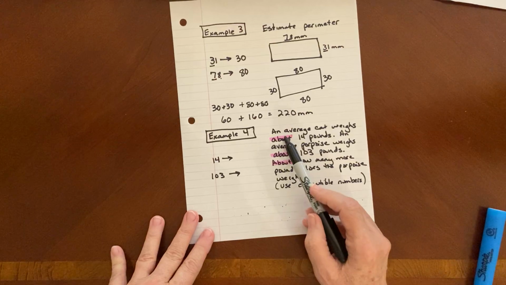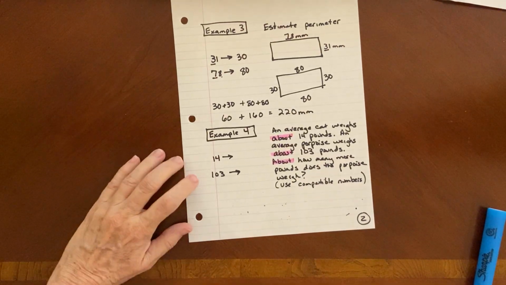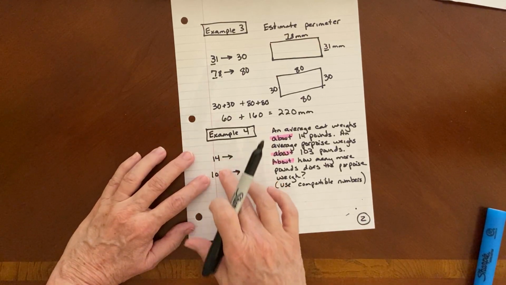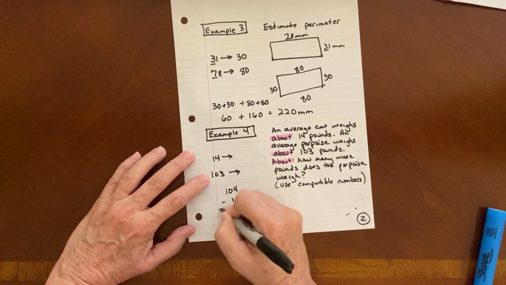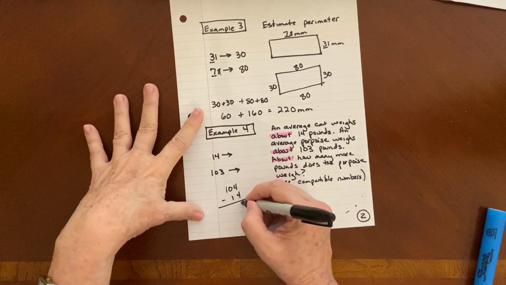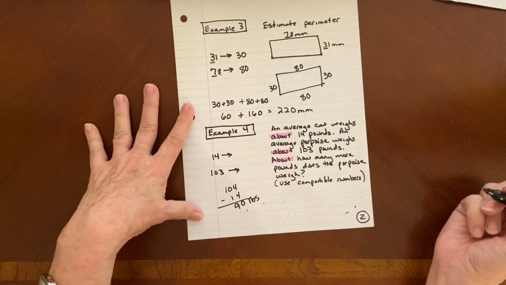Notice the about, so that tells me I'm able to estimate. If I think about this 103 as 104, that's going to make it pretty easy, isn't it? So I'm going to say 0, and 10 minus 1 is 90, so about 90 pounds.